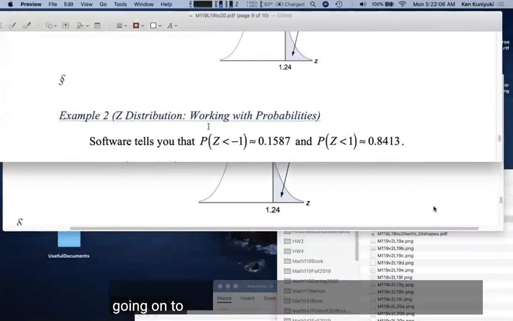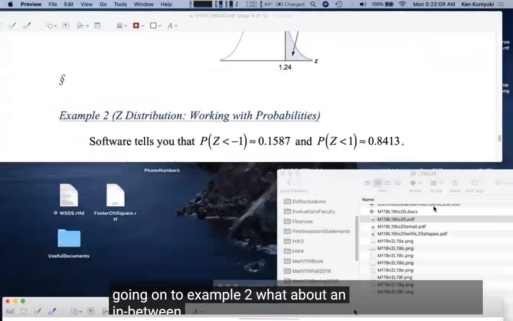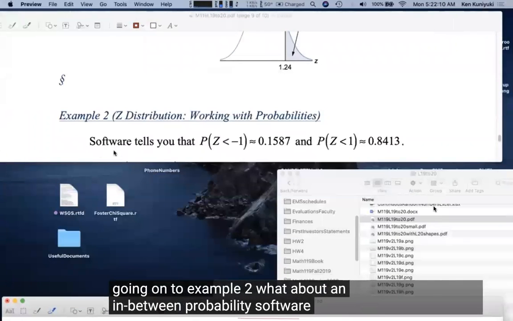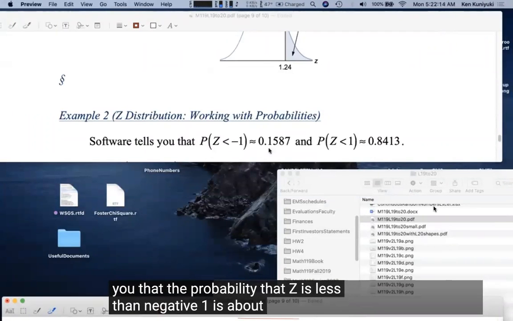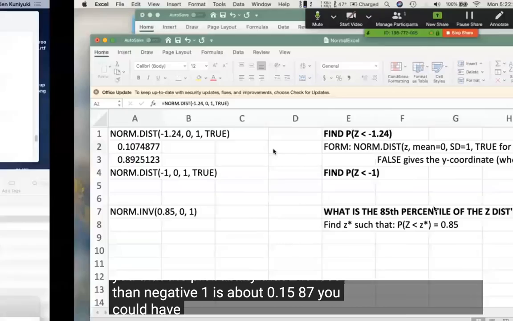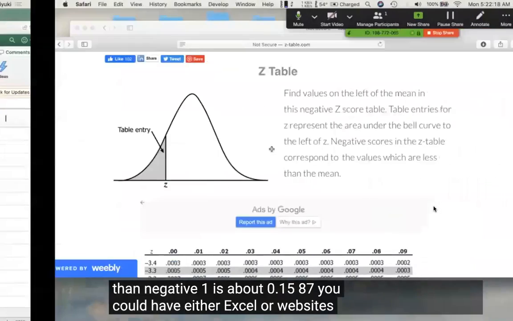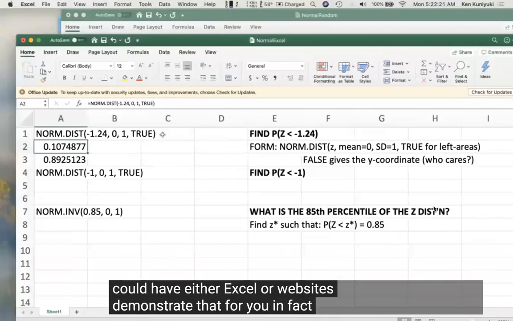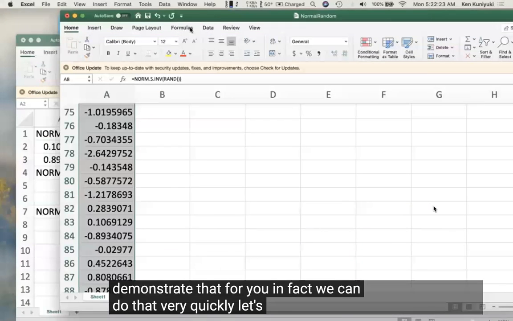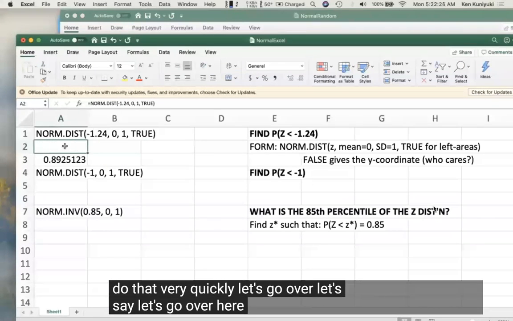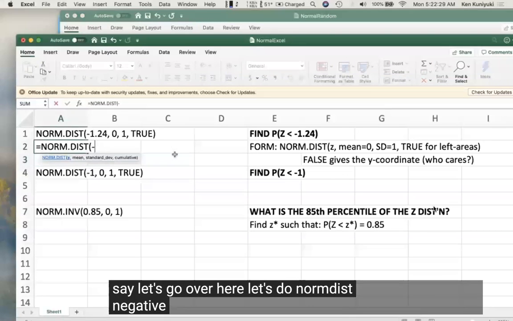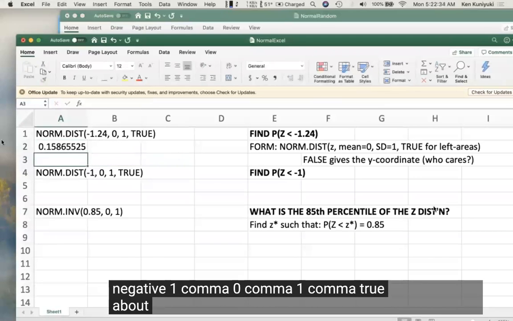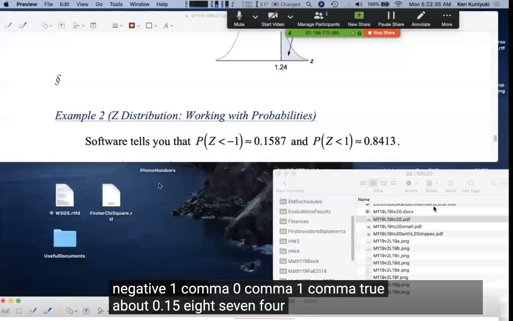So going on to example 2, what about an in-between probability? Software tells you that the probability that z is less than -1 is about 0.1587. You could have either Excel or websites demonstrate that for you. In fact, we can do that very quickly. Let's go over here. Let's do norm.dist of -1, 0, 1, true, about 0.1587.